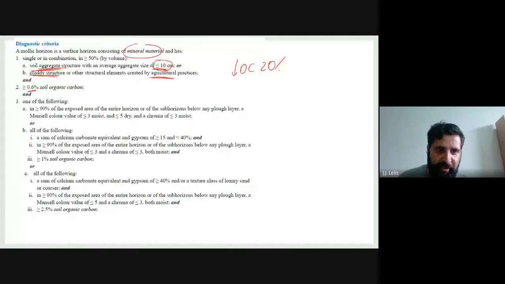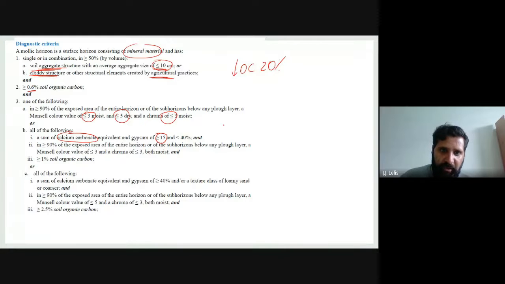It should present low value and a low chroma because it's a dark material, it's a dark horizon. It should present a calcium carbonate equivalent of 10 or 15% and less than 40%.